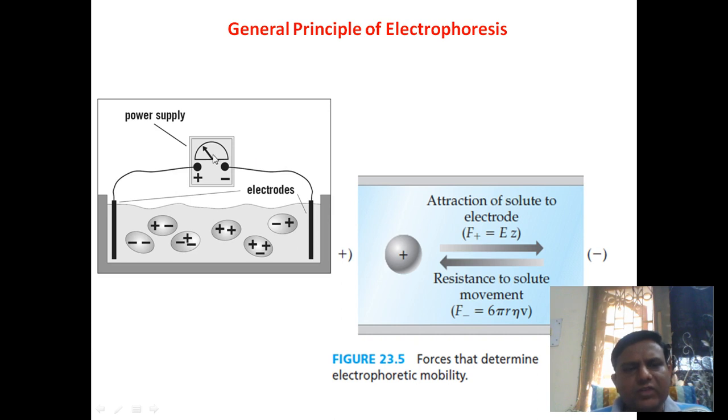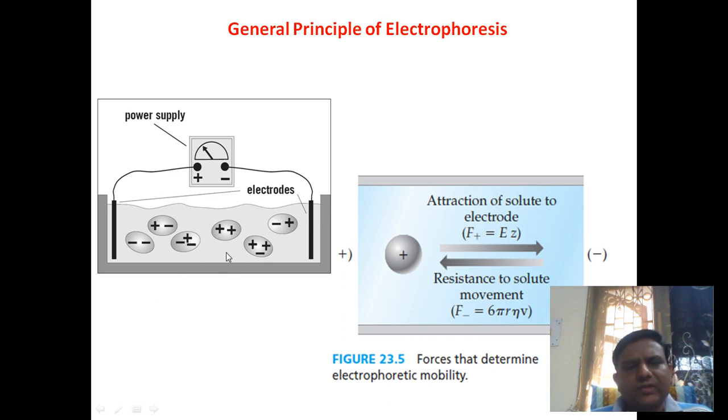When we switch on the electric current and apply the electric field to this solution, the positively charged molecules travel toward the negatively charged electrode, and the negatively charged molecules travel toward the positively charged electrode. This is the electrophoresis phenomenon.